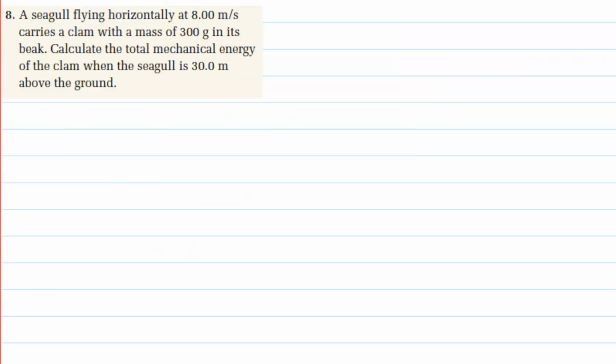Next example, we have a seagull flying horizontally at 8 meters per second, carrying a clam with a mass of 300 grams in its beak. Calculate the total mechanical energy of the clam, not of the seagull, of the clam, when the seagull is 30 meters above the ground. Okay, so here's our seagull, and let's say this little red thing is a clam in its beak.